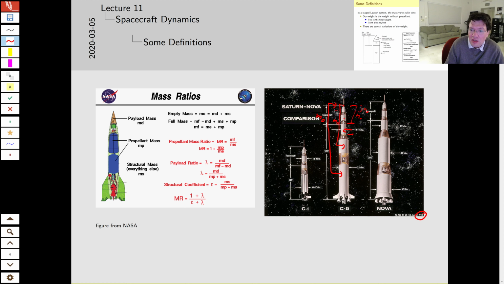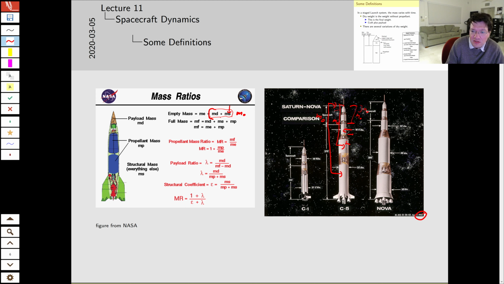So lots of rockets stacked together in a multi-stage rocket situation. And then we have these various masses. So again, M naught is the payload mass, and then some structural mass associated with the previous stage. So this is a single stage rocket. Every stage has some structural mass associated with it.